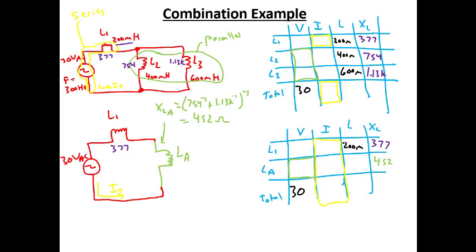Now, I'm not going to worry, well, let's just do it. So if we wanted to find L total, we would take 400 milli to the negative 1 plus 600 milli to the negative 1. And we could find that the total inductance for that one is 240 millihenries.